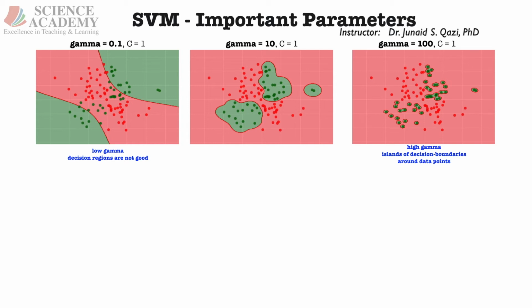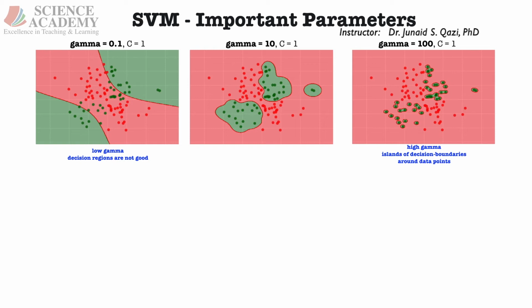When gamma is low, the curve of the decision boundary is low, and thus the decision regions are not very good. For a very low value of gamma, the model is too constrained and cannot even capture the complexity or shape of the data. When gamma is high, the curve of the decision boundary is high, which creates islands of decision boundaries around data points.